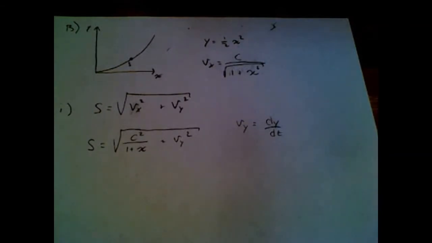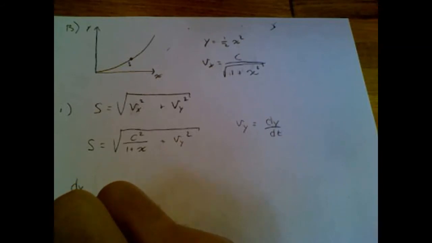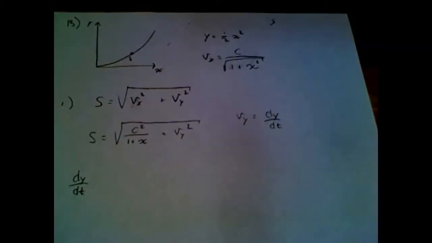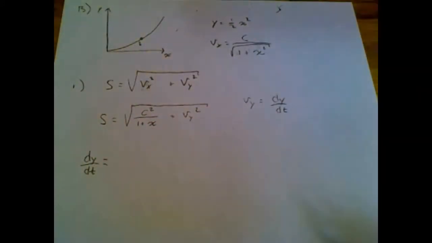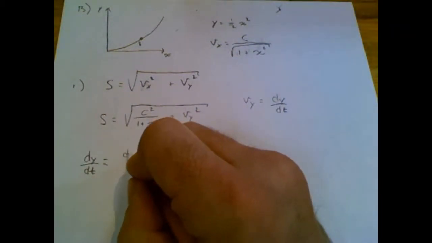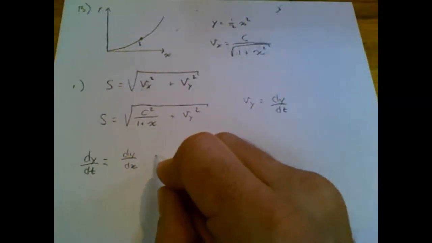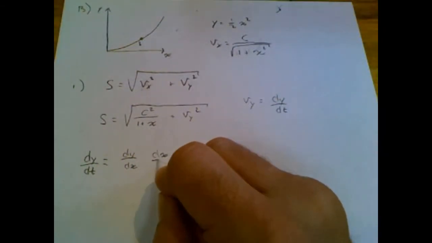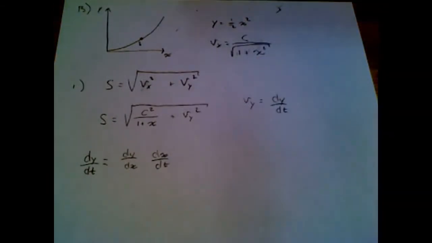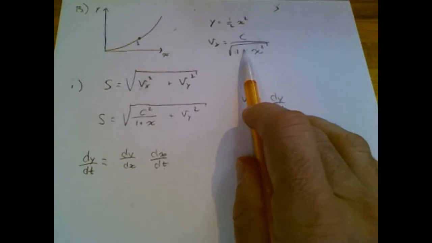So now let's review the chain rule. Remember, the chain rule: dy/dt is the same thing as me saying dy/dx times dx/dt. So dx/dt I know is just my velocity, right?